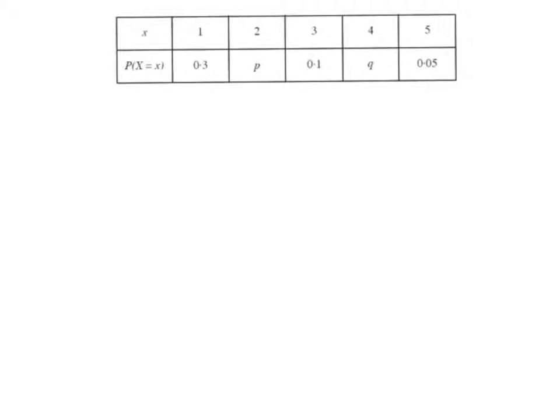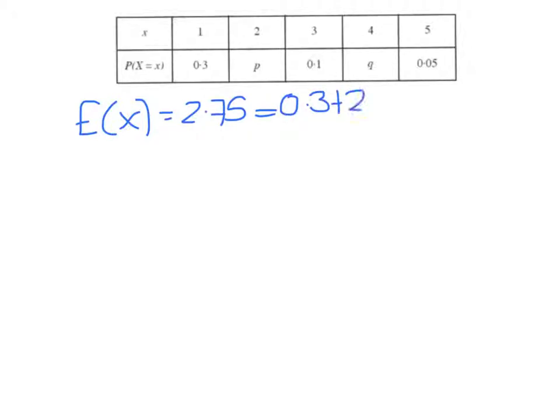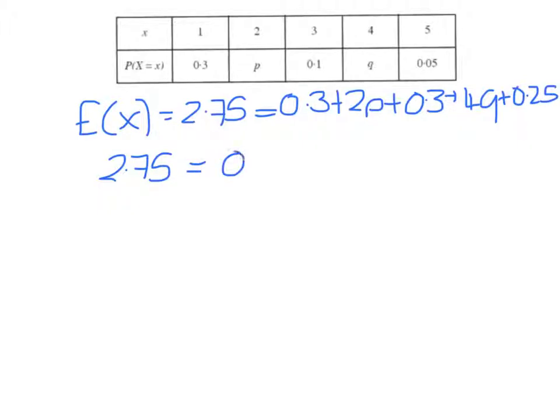The expectation of x equals 2.75. So that has to be equal to the sum of the x values multiplied by their probabilities. So 1 times 0.3, 2 times p, 3 times 0.1, 4 times q, and 5 times 0.05, which gives us that 2.75 has to equal 0.85 plus 2p plus 4q.